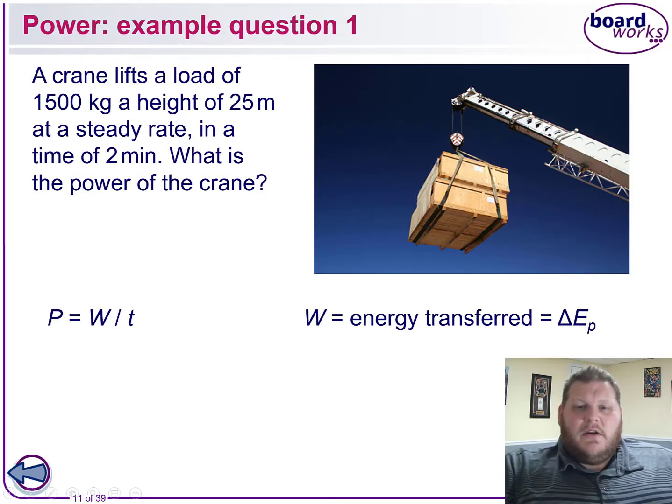Kind of the same idea here: 1,500 kilograms times the acceleration due to gravity times the height would be that work done. So this is using a slightly different formula. I decided to go a little bit out of order of how I usually do the notes.